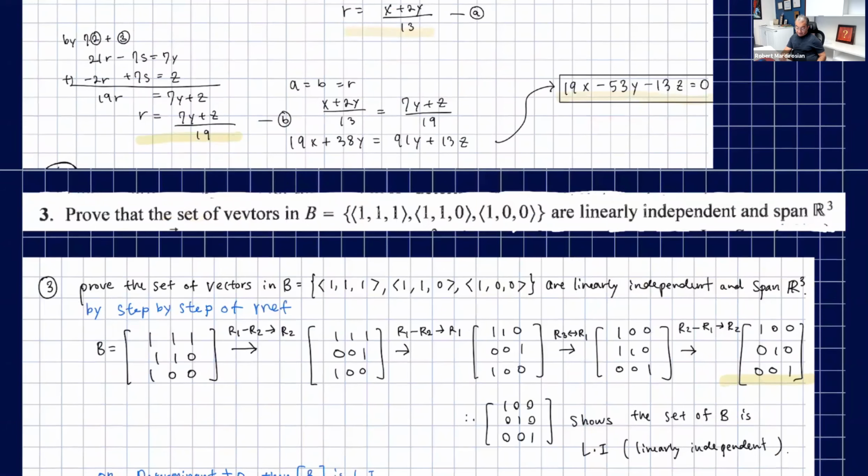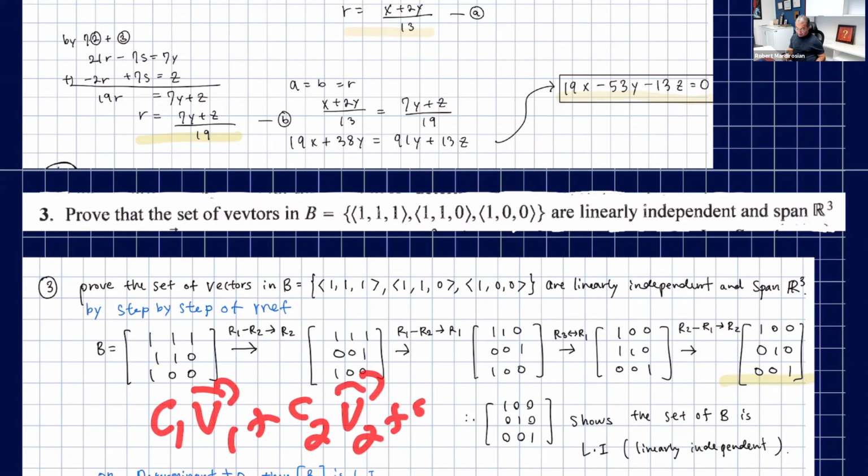Number 3, prove that the set of vectors in B, 1, 1, 1, and 1, 1, 0, and 1, 0, 0 are linearly independent. If you want to show that a set of vectors is linearly independent, you do C1 times the first vector plus C2 times the second vector plus C3 times the third vector, and you put that equal to 0.